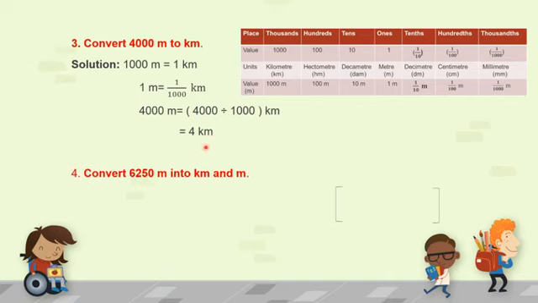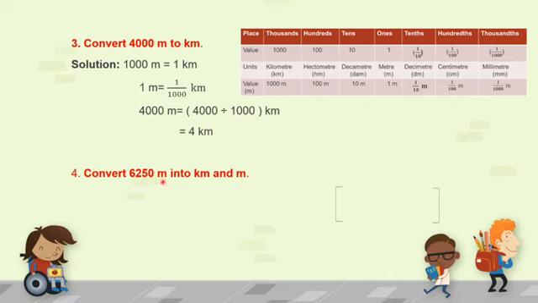Next question. Let's see one more question. It's a combination question. Convert 6250 meter into kilometer and meter. Now you have to convert this meter into 2 units, kilometer and meter. This is entirely meter.